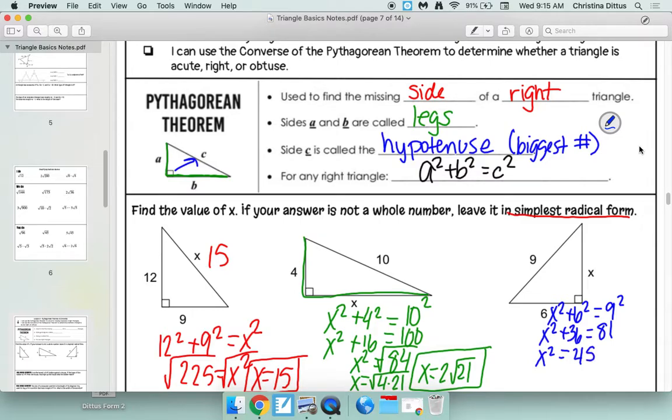Okay, now what? Square root it. What can I break 45 into? 9 and 5. So if I take square root of 9, I get 3. So 3 square roots of 5. Alright. Questions there?